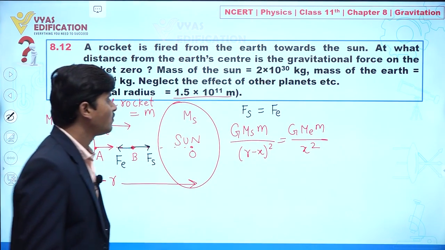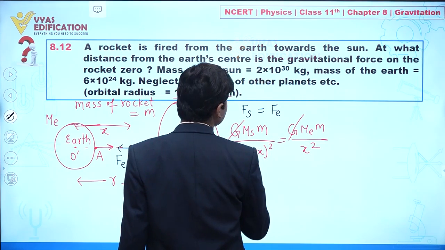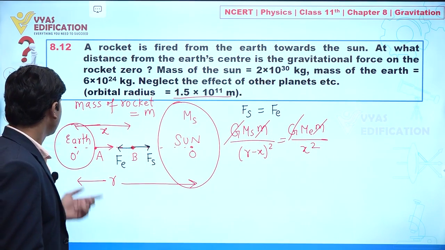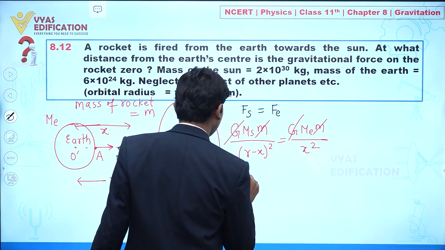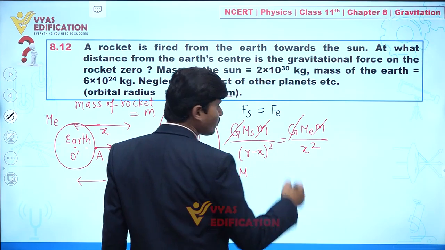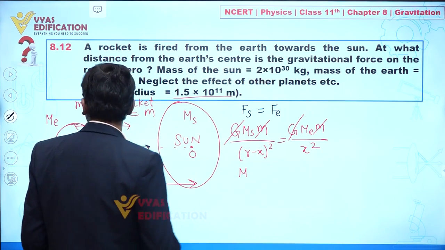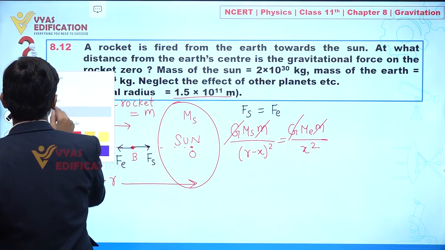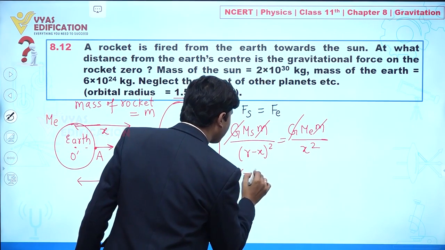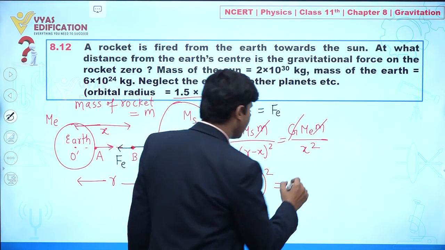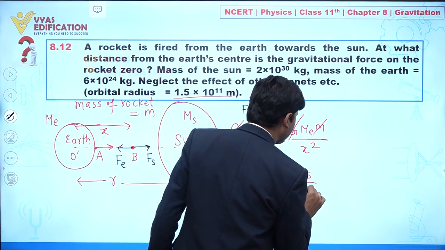Here G and G cancel out, m and m also cancel out. We have to find the value of x. So we can write (r minus x) divided by x whole square is given by ms divided by me.